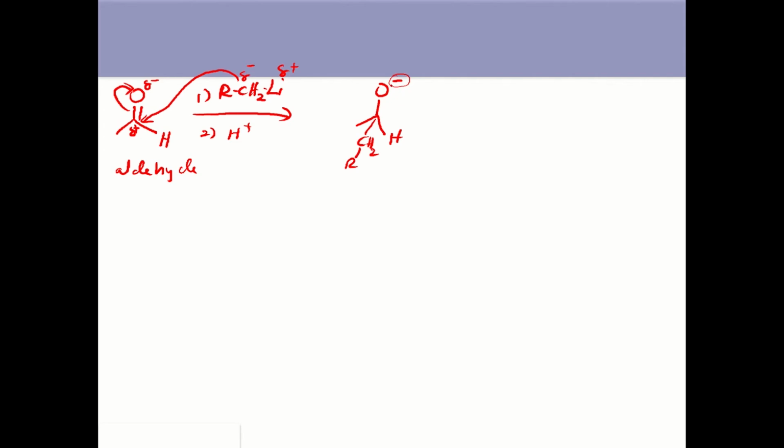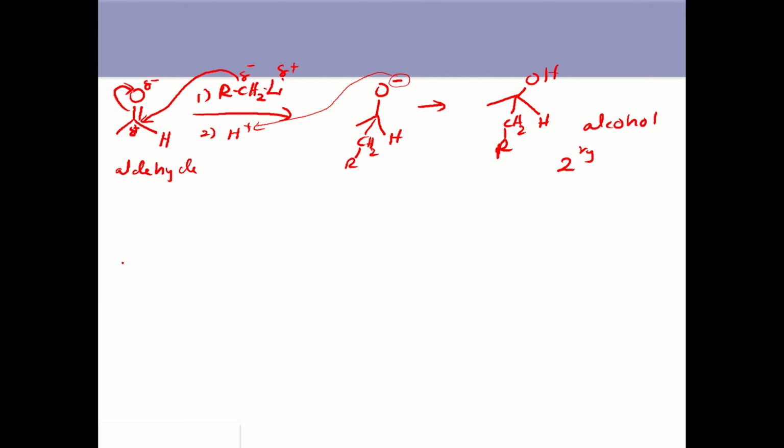Now this negative end can interact with the acid in the medium, so at the end it will result in an alcohol. So what kind of alcohol is this? Is it primary, secondary, or tertiary? Now this one is a secondary alcohol.